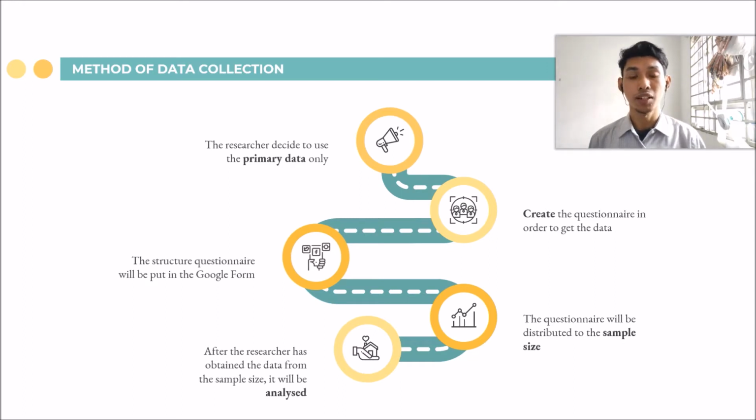The margin of error is 10%, while the confidence level is 95%, from the population of 5,731 unit houses. After the data has been collected by the researcher, the data will be analyzed in SPSS.